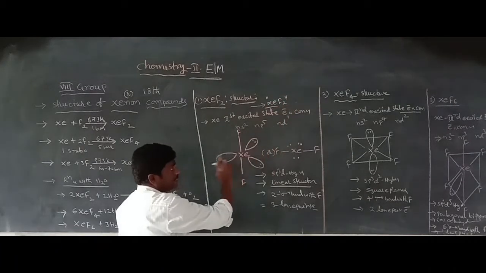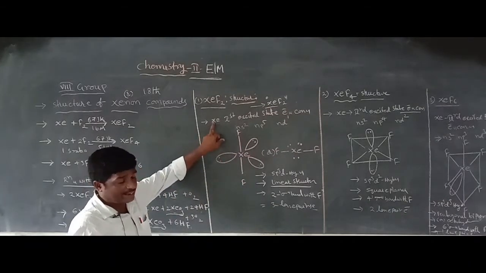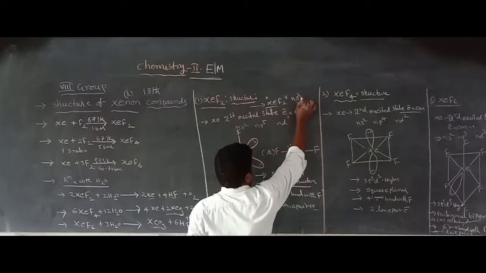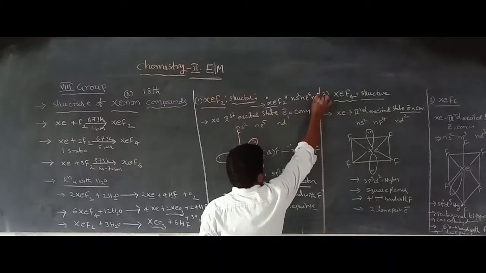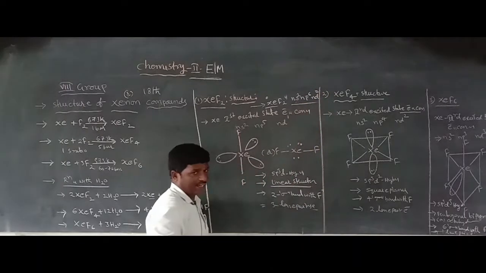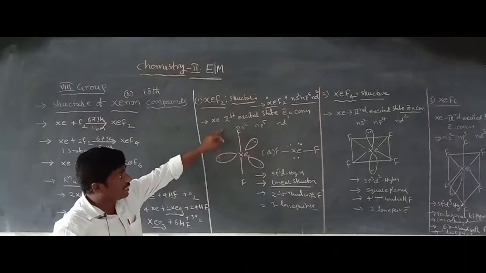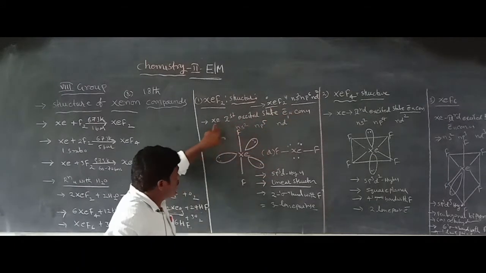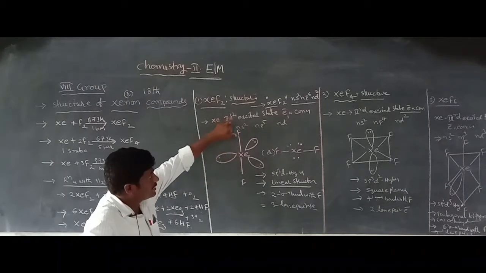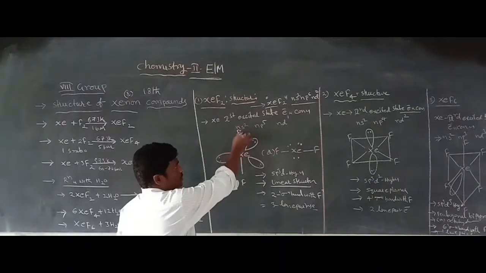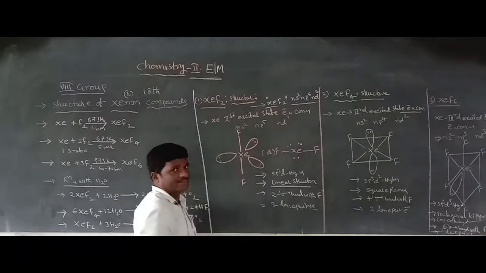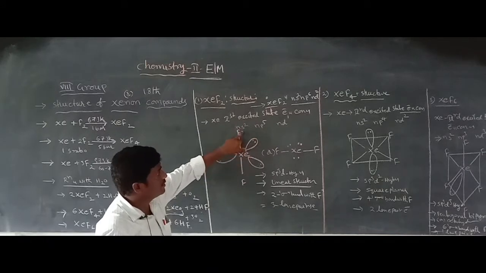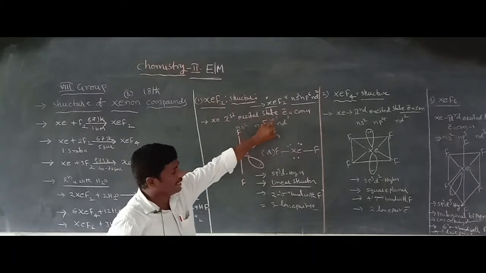The xenon ground state electron configuration is 5s2, 5p6, 5d0. But as the central atom, xenon's first excited state electron configuration is 5s2, 5p5, 5d1.